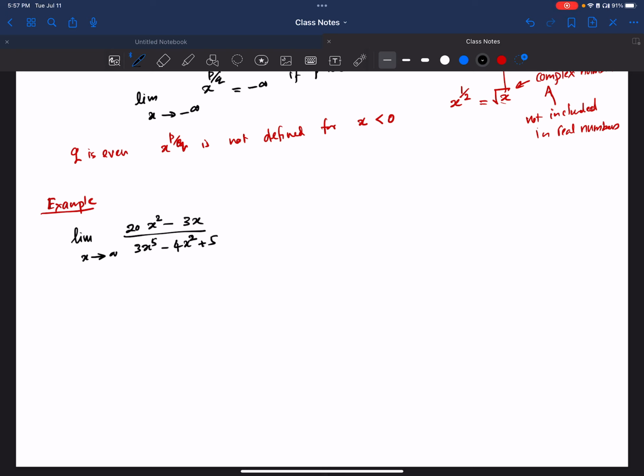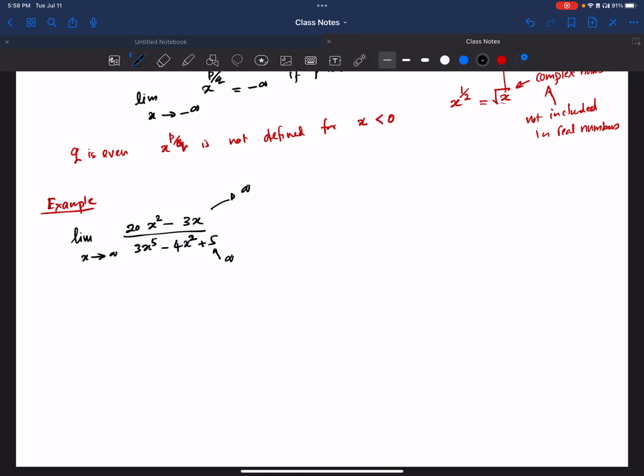Now when x goes to infinity, both numerator and denominator go to infinity, so it's an indeterminate case, as we talked about in the previous class.